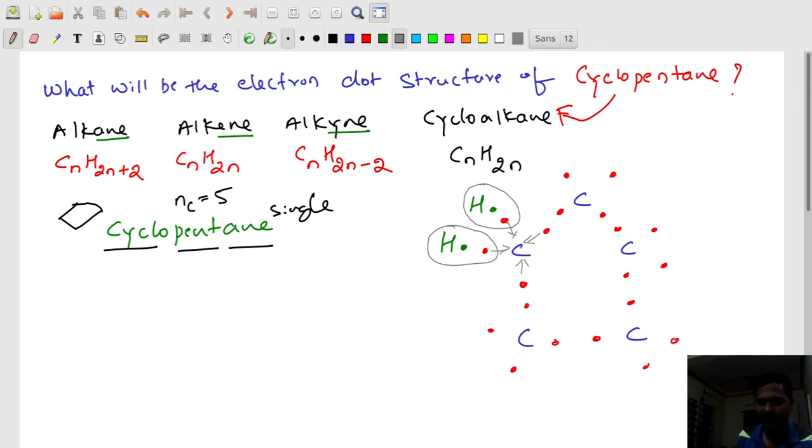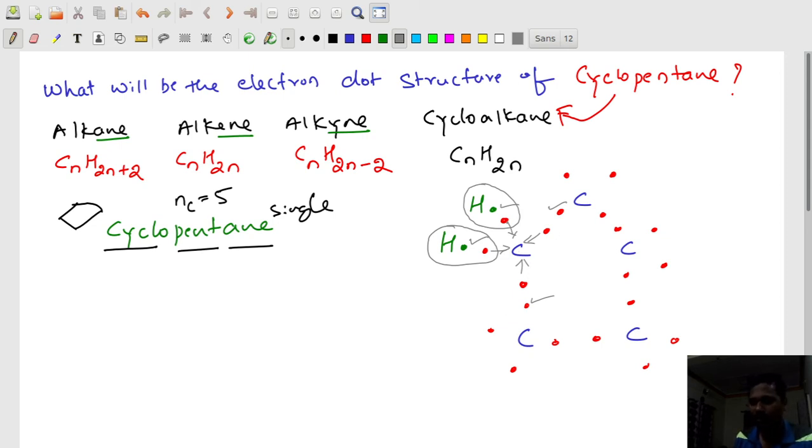So this carbon will take 4 more electrons from adjacent atoms: 1 from this hydrogen, 1 from this hydrogen, 1 from this adjacent carbon, and 1 from that adjacent carbon. So overall it has 8 electrons.